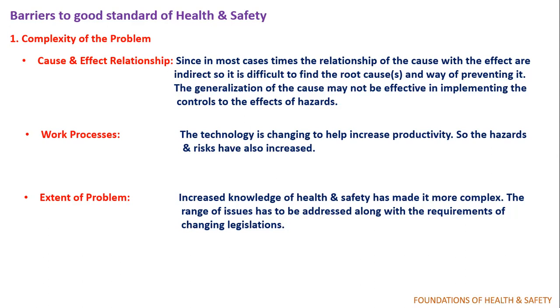The generalization of the cause may not be effective in implementing the controls for the effect of a hazard. So, due to the indirect cause of any effect, it is difficult to find the root cause. So, the problem becomes complex.